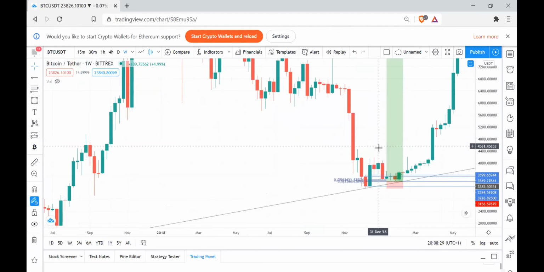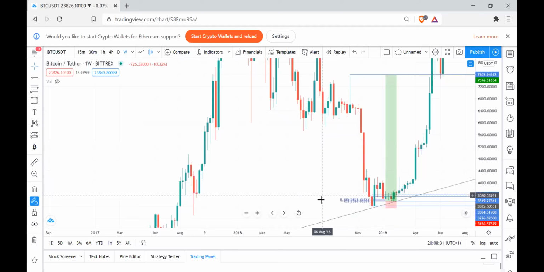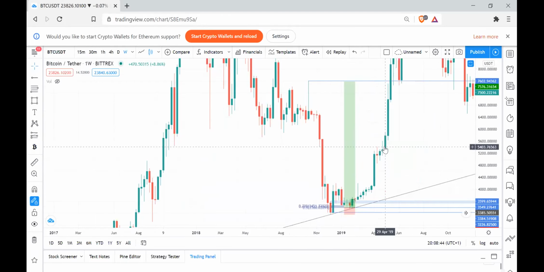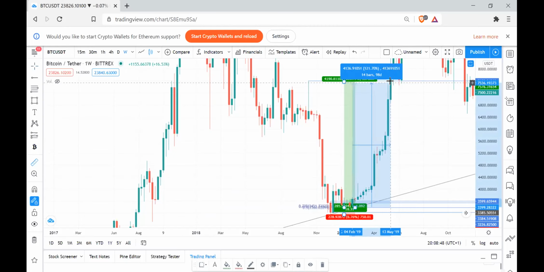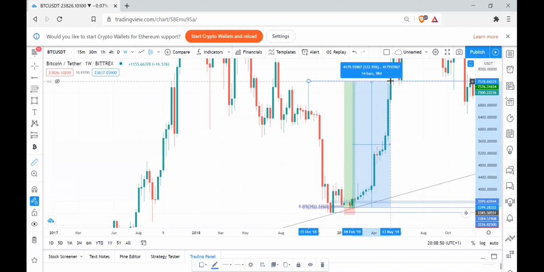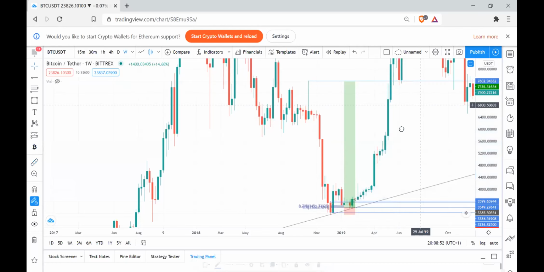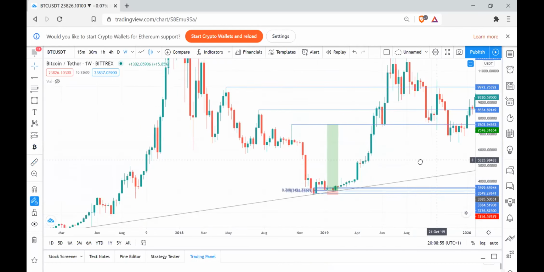So you bought down here, you'd have made 18 times what you put in. If the distance between your stop loss and your entry was $10 in total, you'd have made $180 from holding this trade. It would have taken you how many weeks? This is 14 bars, that's 14 weeks. If you held the trade for about 4 months, 18 times profit.